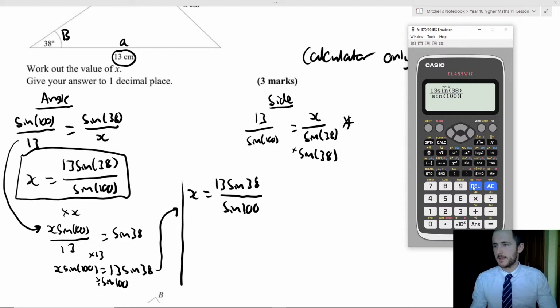Okay, no worries. Cool. I've entered this exactly into my calculator. I press equals and I get 8.127 blah blah blah. Chances are you're going to get a long decimal. So, yeah, no worries. That's fine. I would always round to 3 significant figures, which is 8.13.